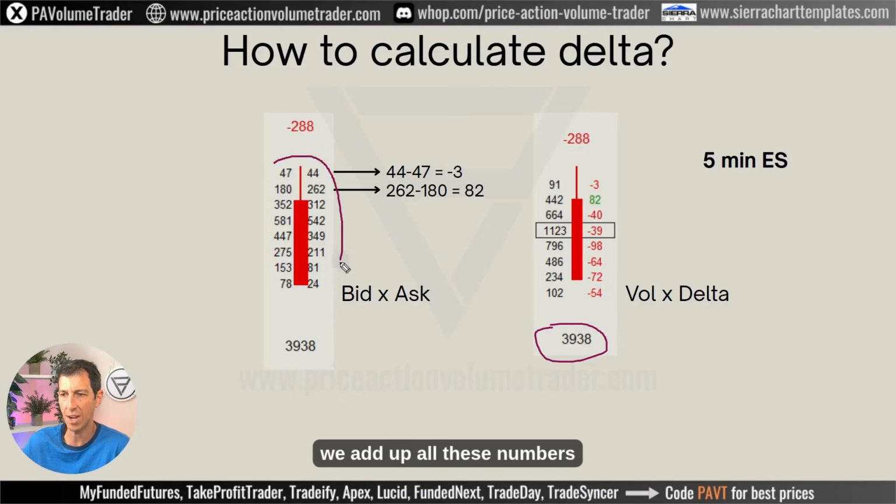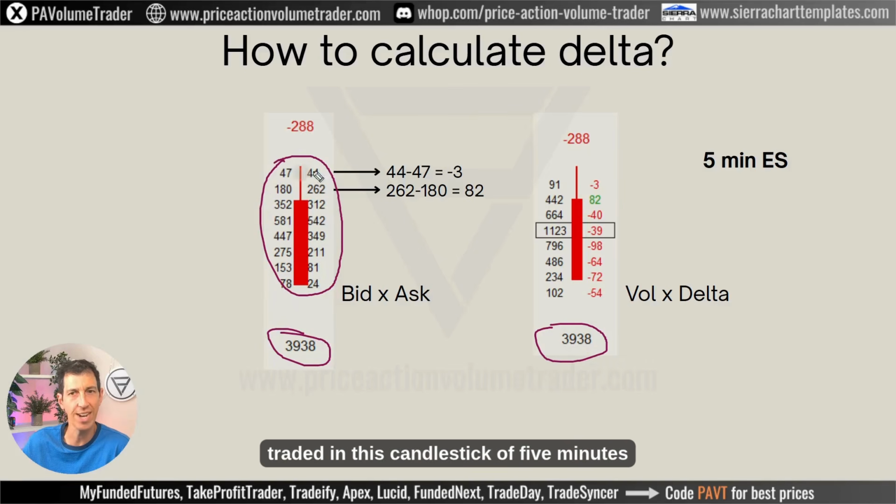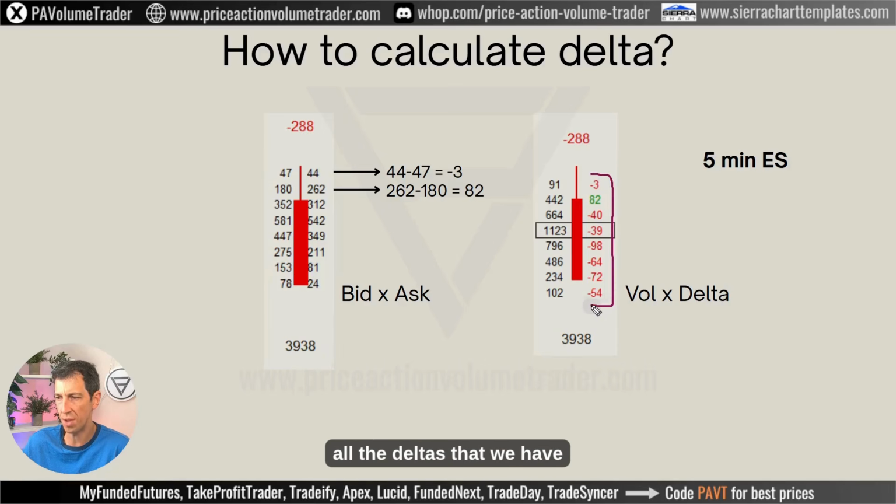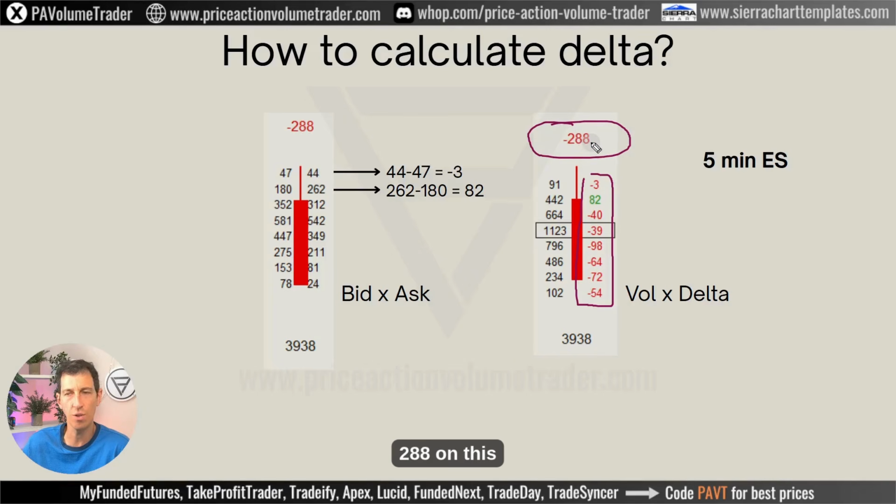If we add up all these numbers, this is the total volume that traded in this 5-minute candlestick. And if we add up all the deltas from all these calculations, we're going to have a total delta of -288 on this candlestick, okay?